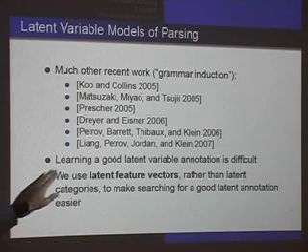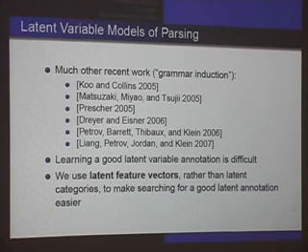And until very recently, they've actually had a lot of difficulty getting very good results. And I think that that's basically because it's very hard to learn the latent variable annotations. It's a difficult search problem to learn those annotations. So they have some split-merge techniques and hierarchical Dirichlet processes that help them do that search. And that's why I think they've succeeded.